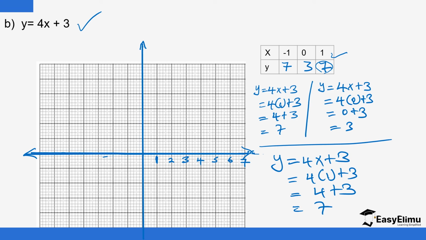So possibly what we'll do is that we'll push the x-axis downwards a bit.